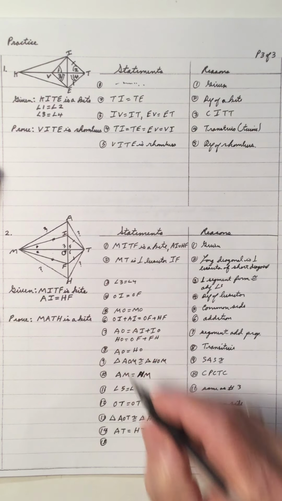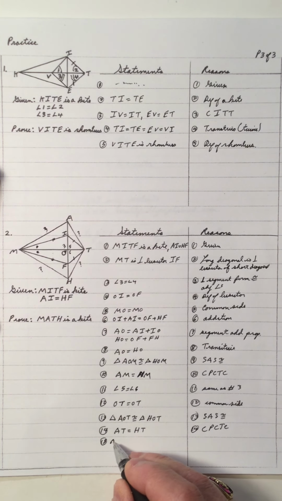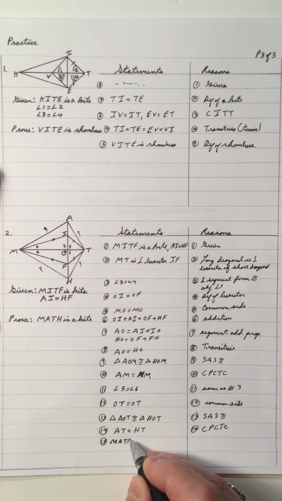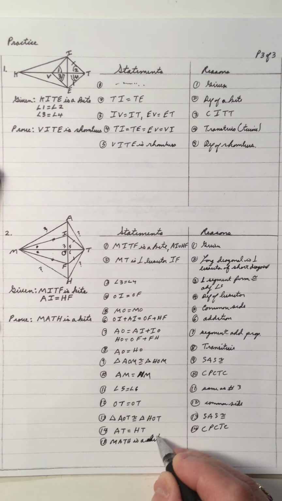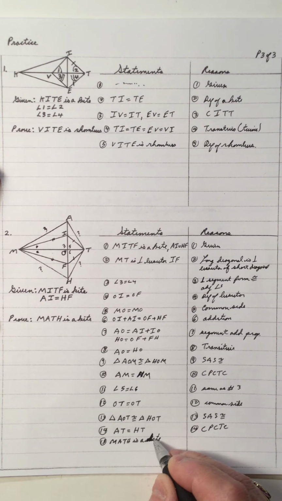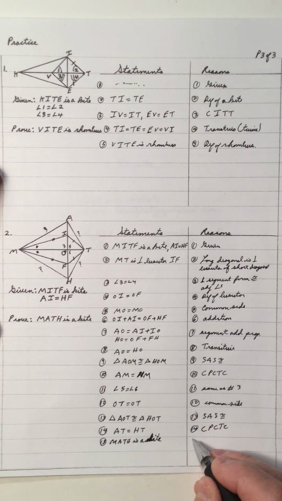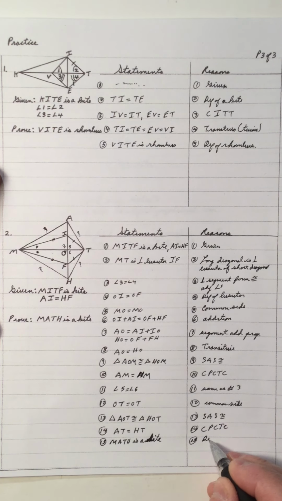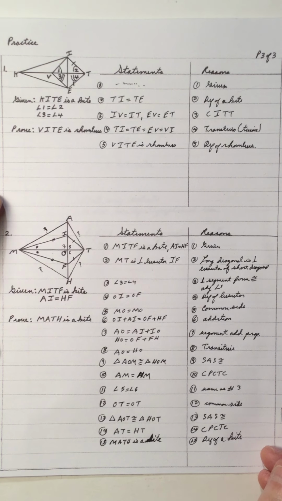And notice now we have a kite. MATH is a kite, if I can spell kite correctly. Sometimes my brain doesn't work right. That's kite, K-I-T-E. And why? By the definition of a kite. What's a kite?